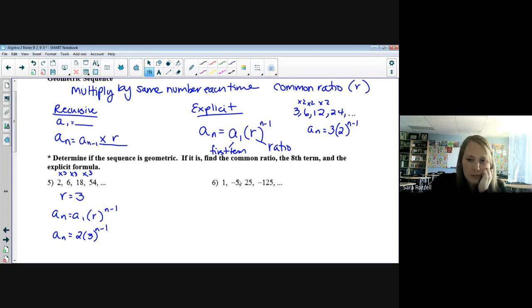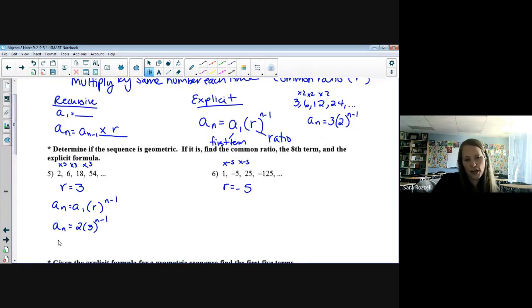It's not just times a positive 5. It's going to be times negative 5. So our ratio is negative 5. So let's go ahead and write our, oh, I forgot to find the 8th term on number 5. Dadgummit. What a tragedy. You just do the 8 minus 1 power.